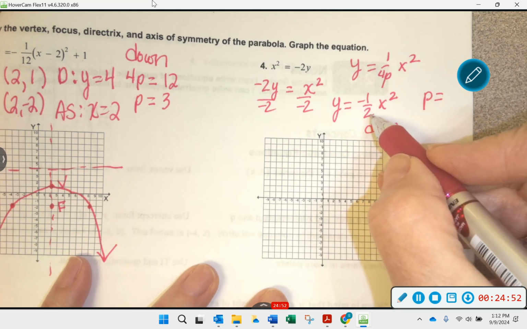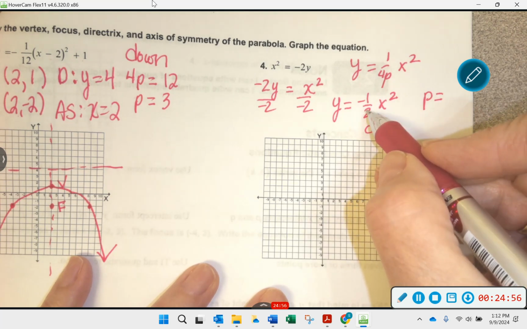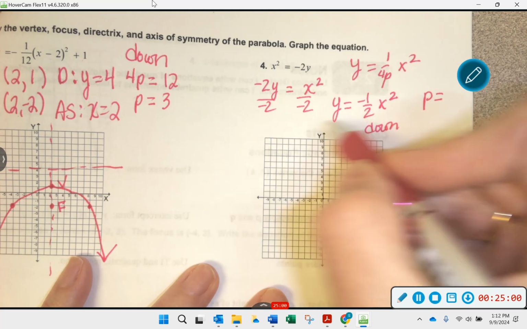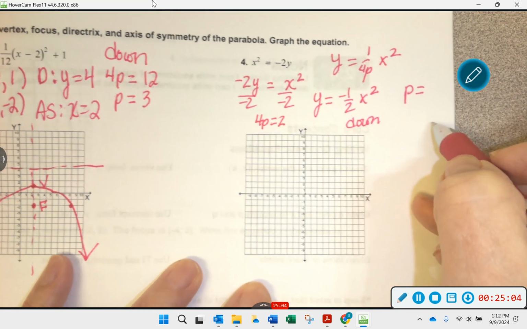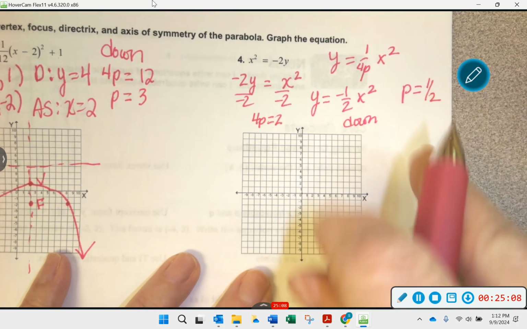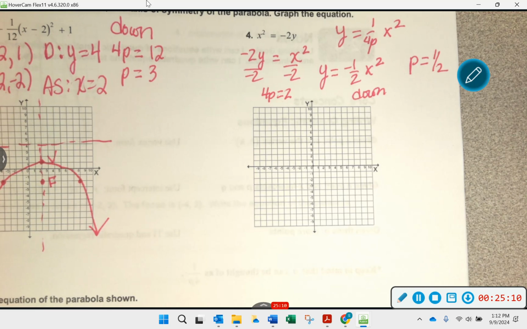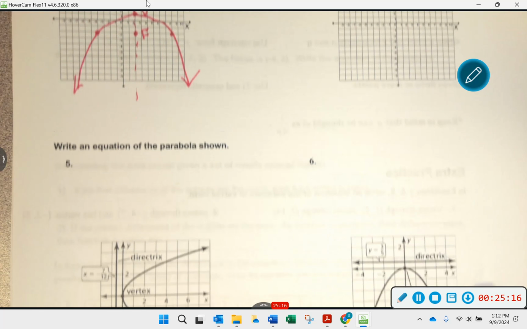If 4p has to be 2, 4p has to be 2. I've heard some people say it. I want more people to say it. 1/2. P would have to be 1/2. And then you could go from there, but we're not doing the whole thing here. But you would get some fractions on these points you're going to come up with.